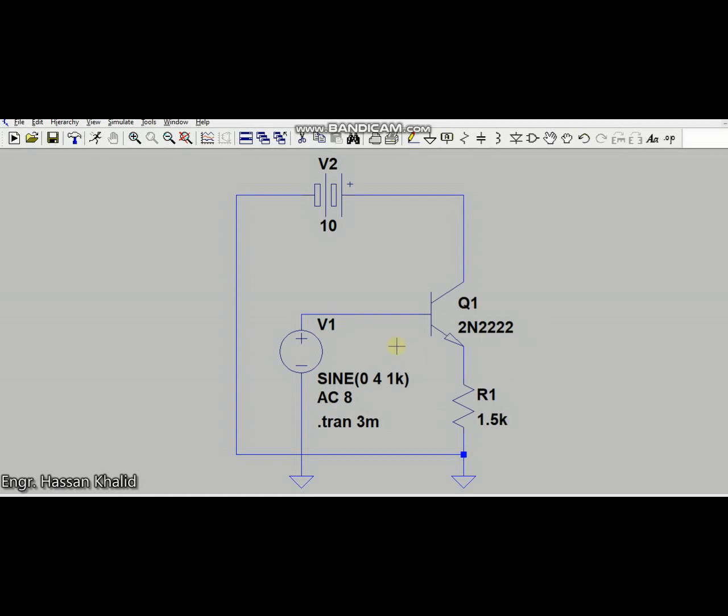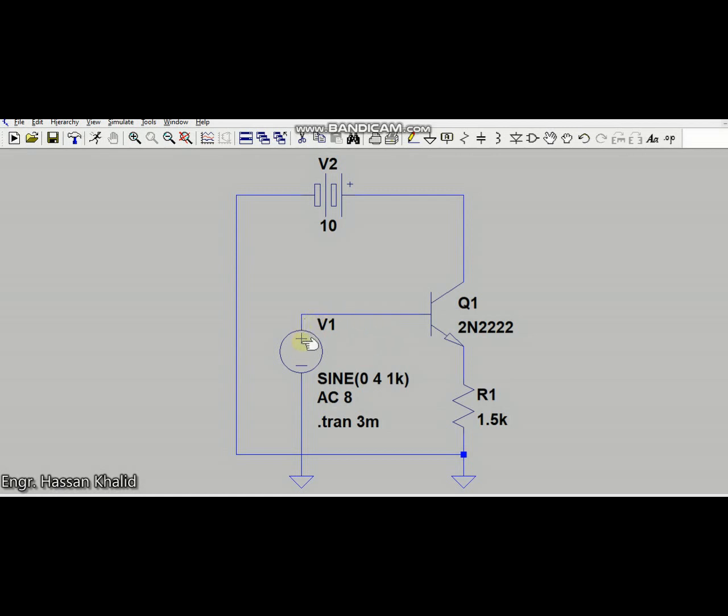We have made a very simple transistor-based circuit to demonstrate the class B operation, where we claim the output will be amplified only for the 0 to 180 degrees.